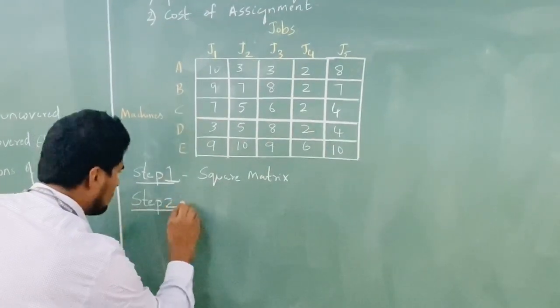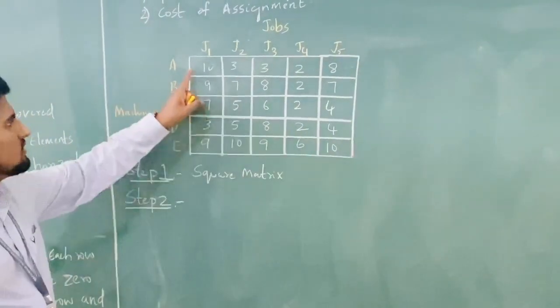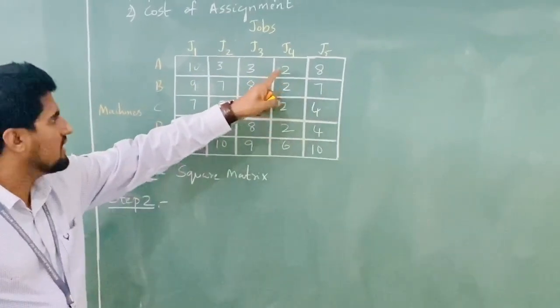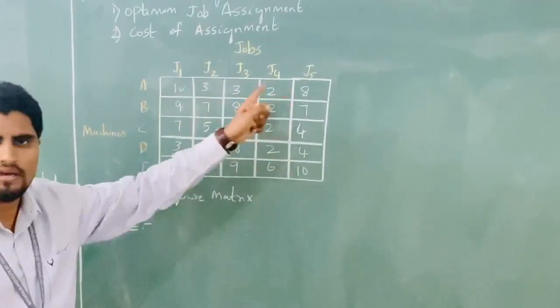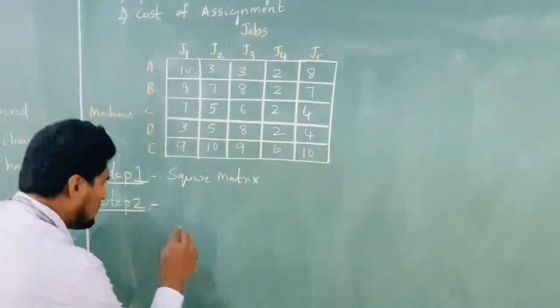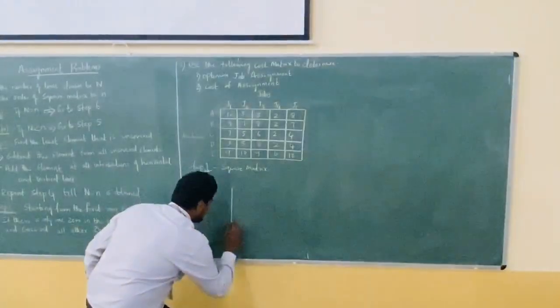What does step number two say? In every row you have to select the least element, then subtract that element from all the other elements in that particular row. That is step number 2. We shall write step number 2 here.